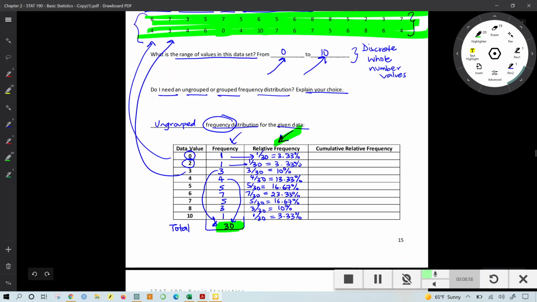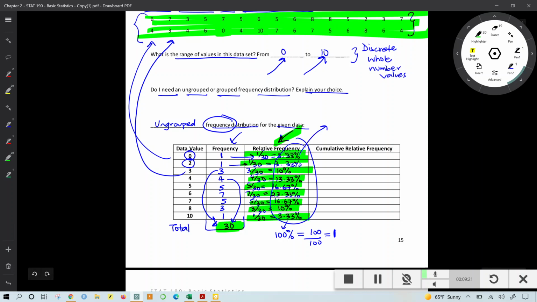So right here on the screen, I have provided all of the other relative frequencies. It is important to note that, again, when you add up all of these relative frequencies, it must be 100%, which means 100 divided by 100, which is equal to 1. Remember, this is important to note.